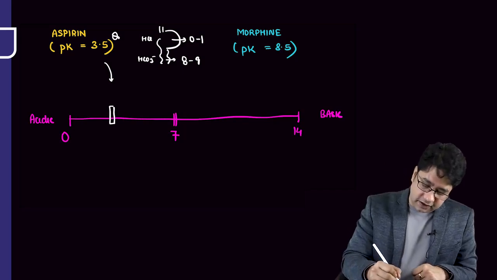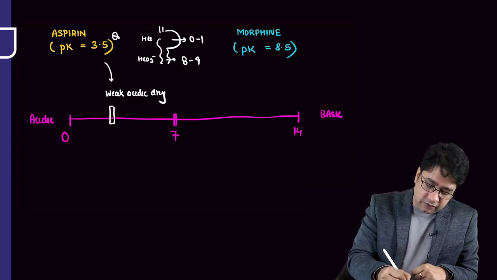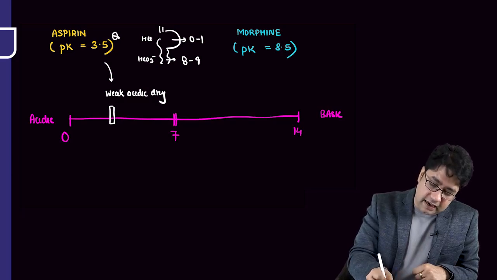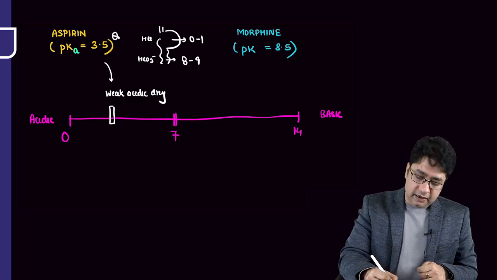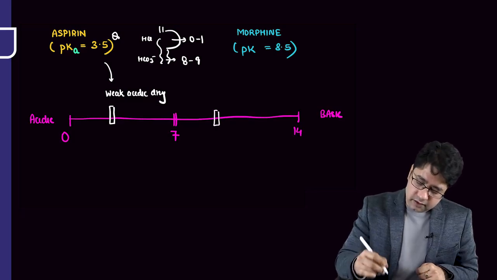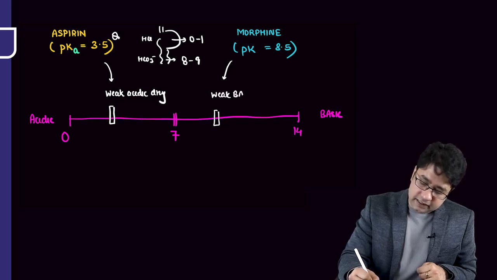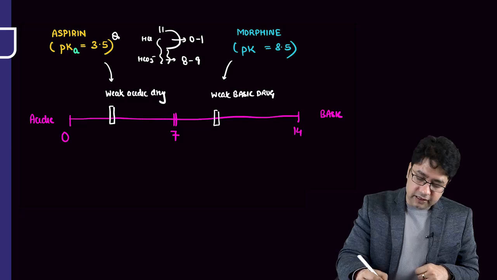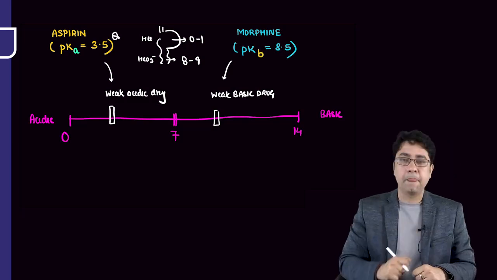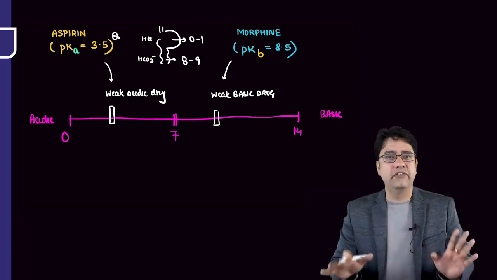Aspirin itself is a weak acidic drug. And for any drug which is a weak acidic drug, we use the word pKa. So please write pKa. And similarly, morphine lies somewhat out here. So can we say morphine itself is a weak basic drug? Any drug which is basic, we can use the word pKb. Okay. Now, in this respective media, they become 50-50%.